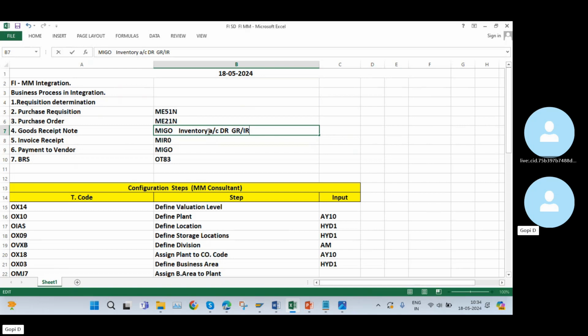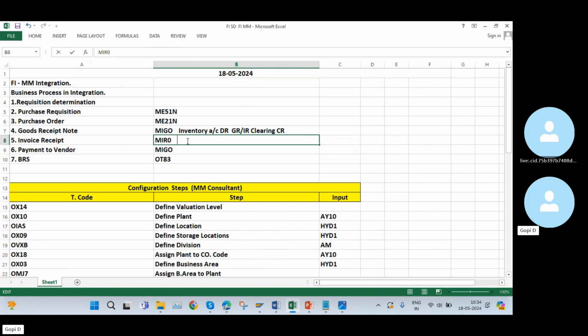It's a provision account. We are using it only at the time of goods receipt and at the time of invoice receipt, especially to avoid the time gap between the goods receipt and the invoice receipt. GR/IR clearing account is a provision account. GR/IR clearing account credit. Okay, this is the general entry.